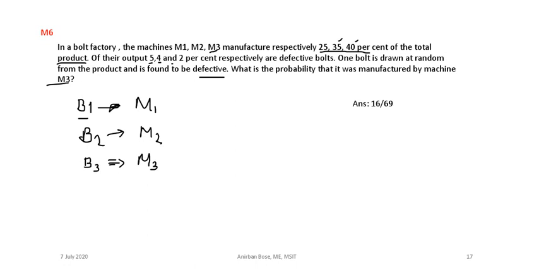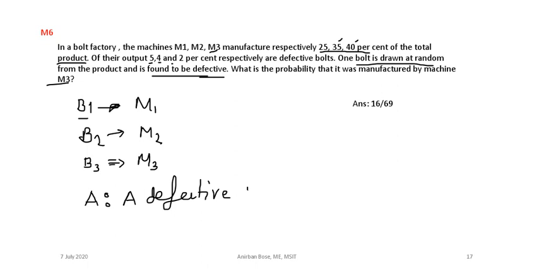Now let us consider an event A, defined as the bolt that is drawn at random being found to be defective. So event A is that a defective item is drawn.